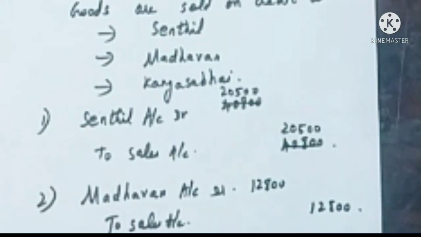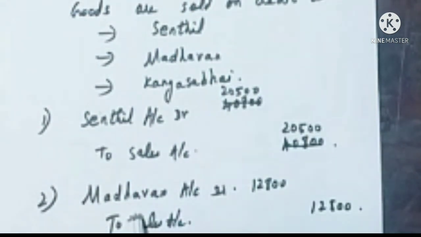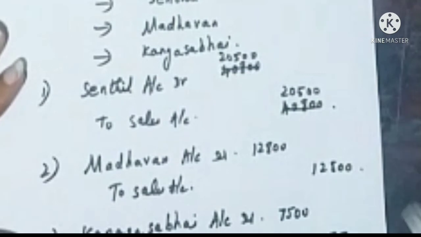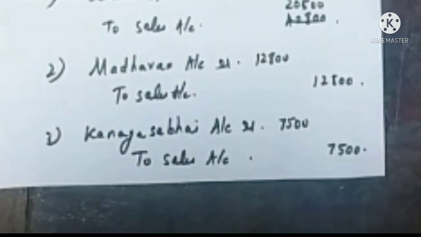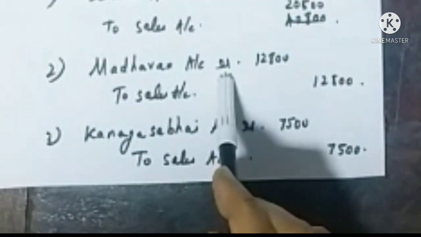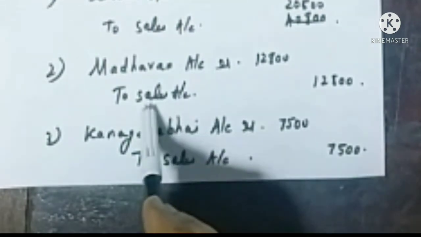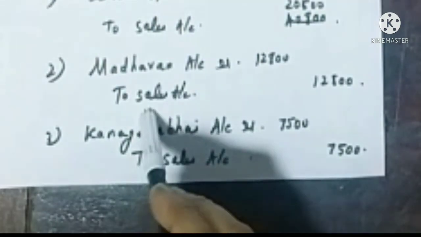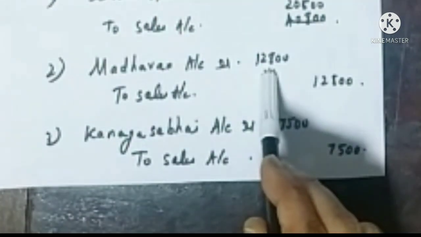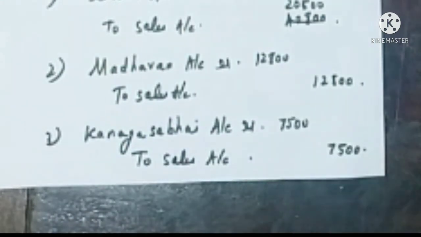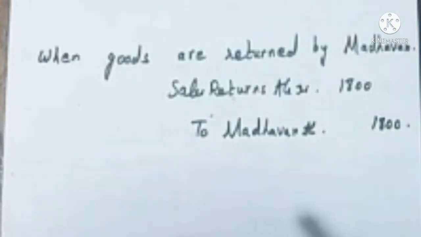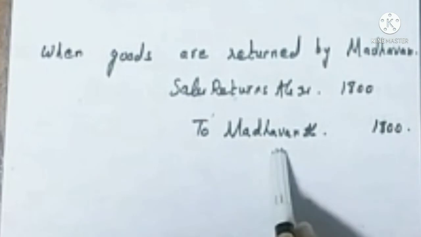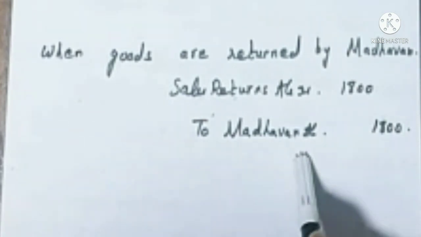The next ledger account we are going to prepare is Madhavan ledger account. In Madhavan ledger account, we have to write it on the debit side to sales account 12,800. Then again, Madhavan is credited in this transaction.